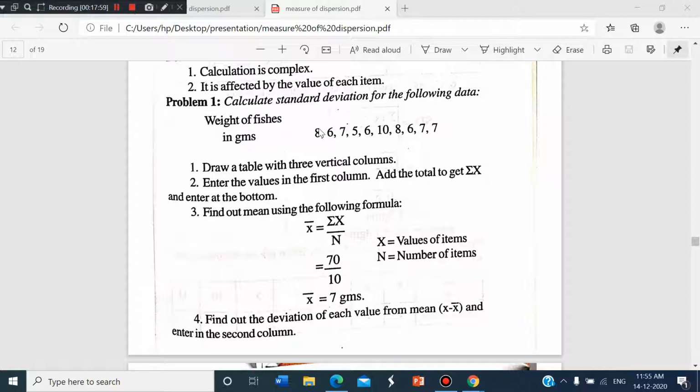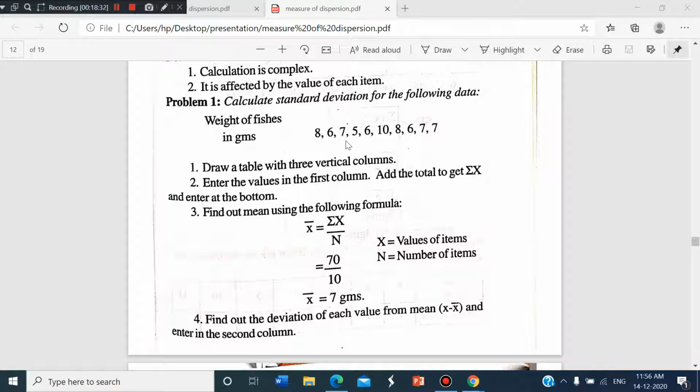So if you total it, 8 plus 6 plus 7 plus 5 plus 6 plus 10 plus 8 plus 6 plus 7 plus 7, the value of summation x is 70. Then the total number of items is 10. 70 by 10 equal to 7 grams. What you got is x bar, the mean.